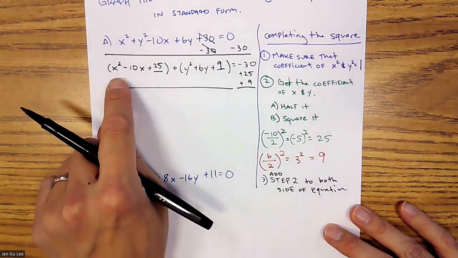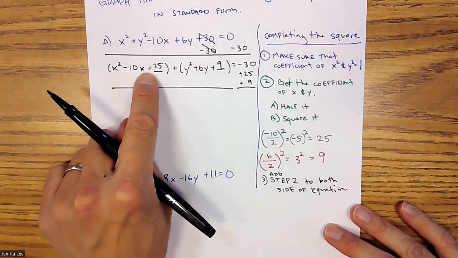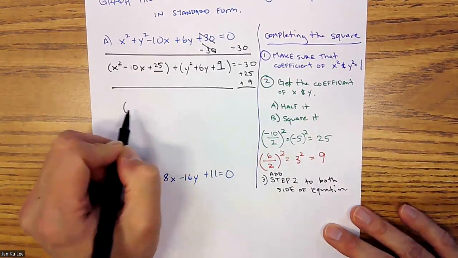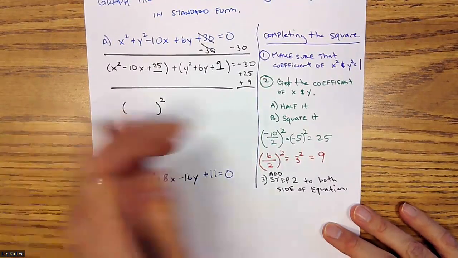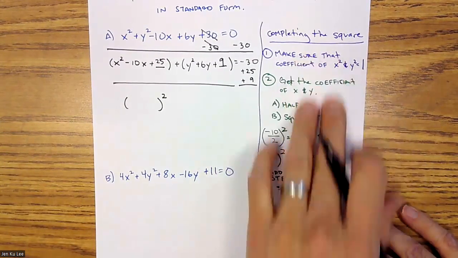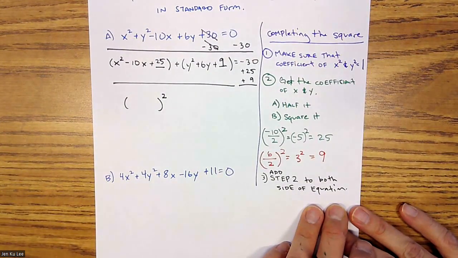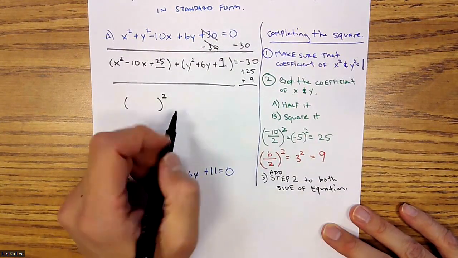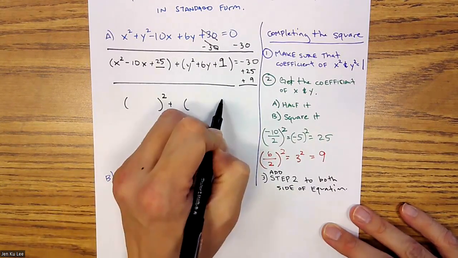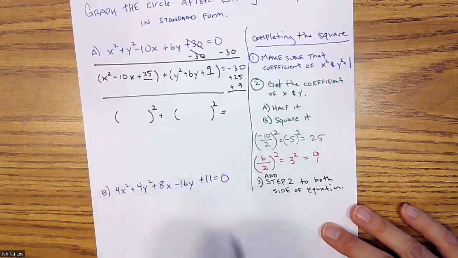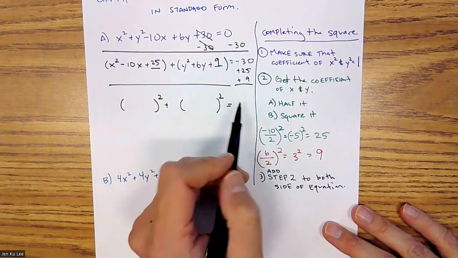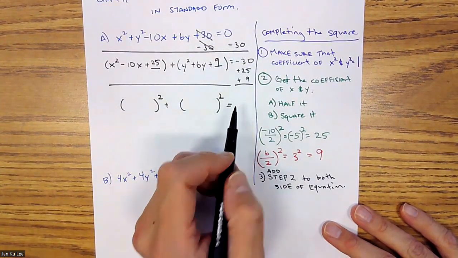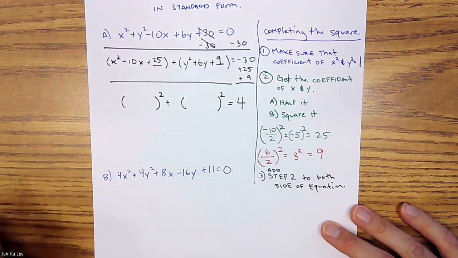So when we have x squared minus 10x plus 25, that's a perfect square now because we just completed the square. Plus, this is also a perfect square now. Equals negative 30 plus 25 plus 9. That is what? 4?